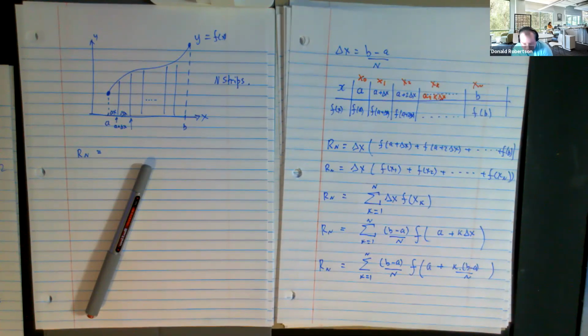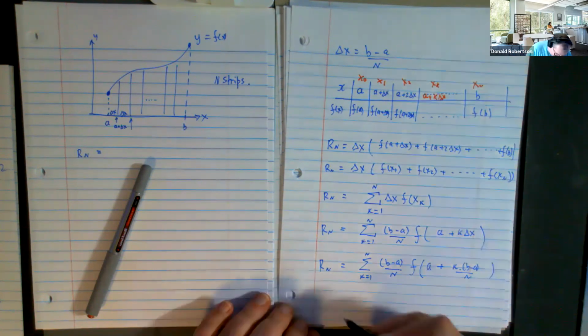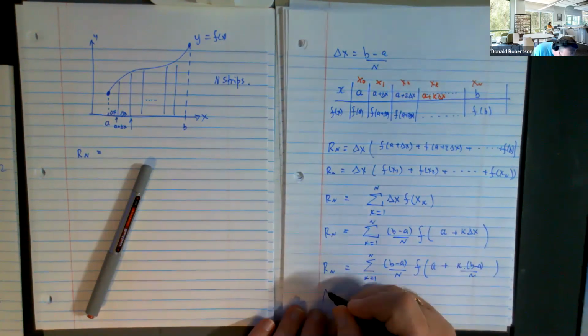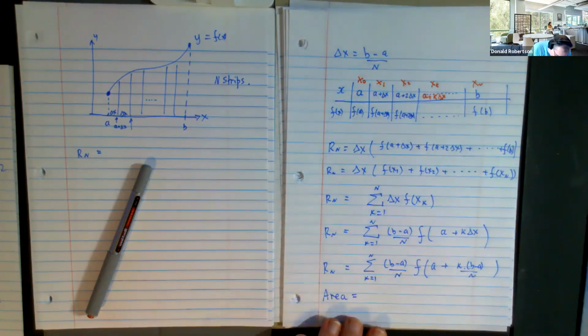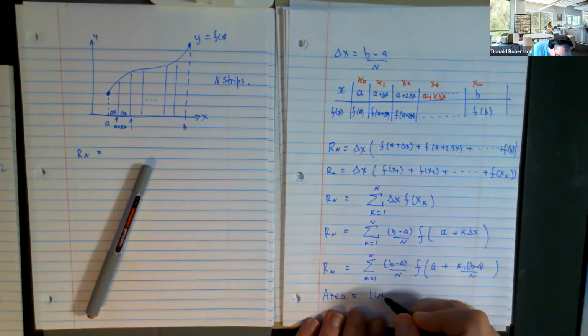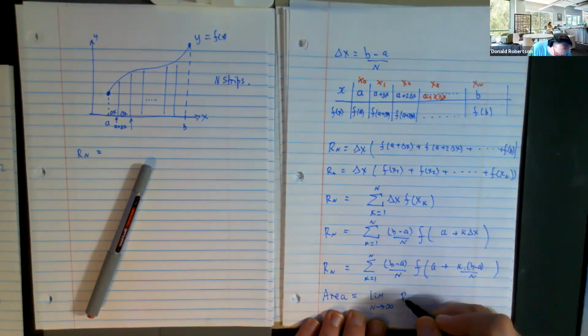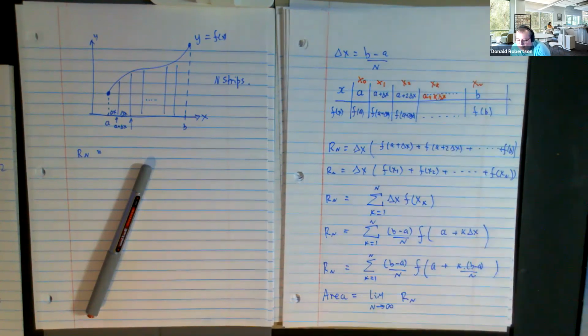Theoretically, at least. So the last step is this. The true area, the exact area, is just the limit as n tends to infinity of that guy. Would that make sense?